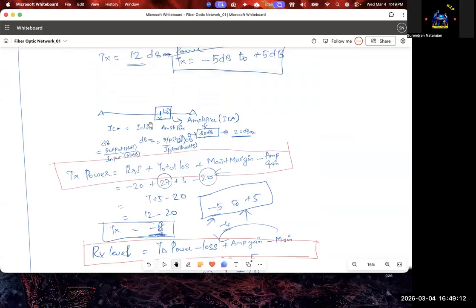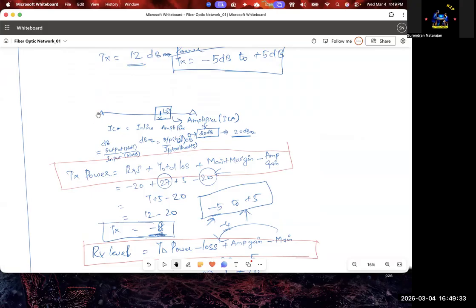For example, I call this A to B one span. If you put an amplifier in between any location, it will become two spans. This is one span, this is another span.